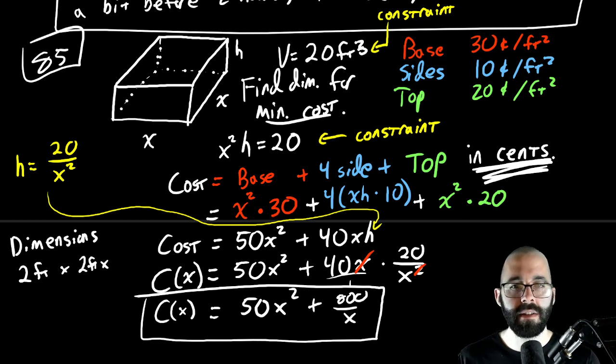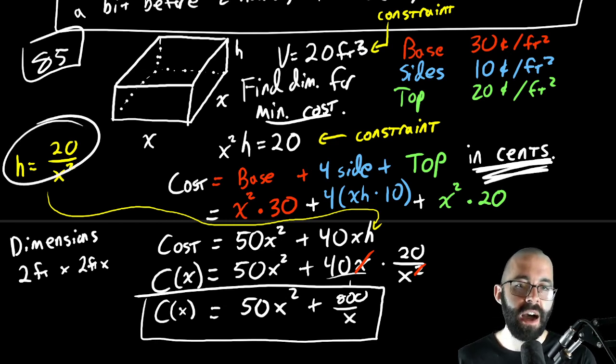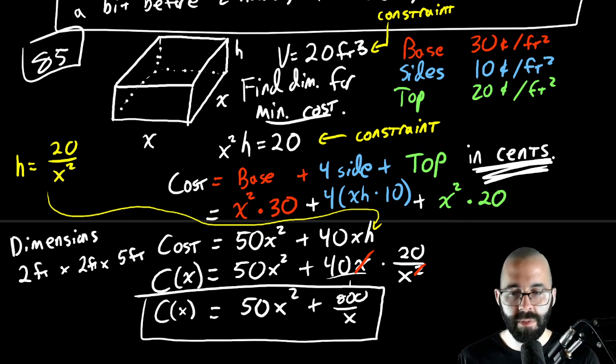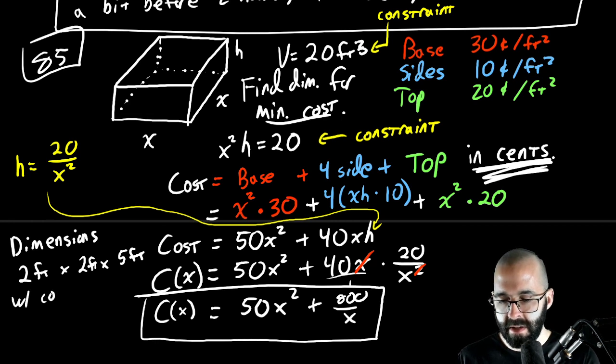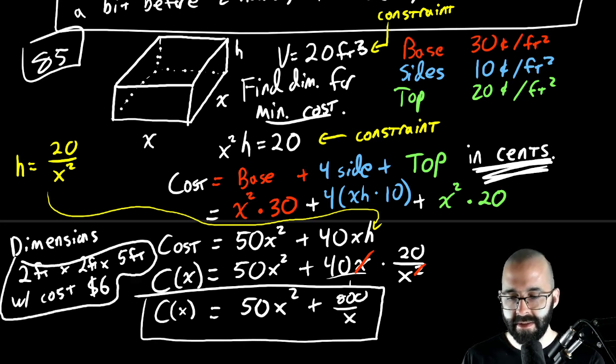What's the height? Well, if x is 2, the height's going to have to be 5, 20 divided by 4. This is when we have the cheapest box. 600 cents, cost is going to be $6. That's the other part of our answer.